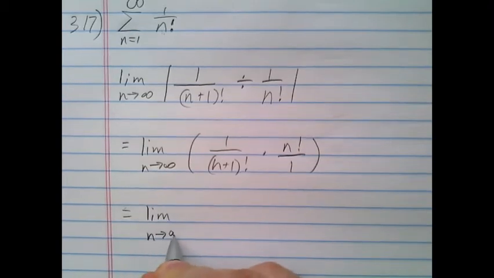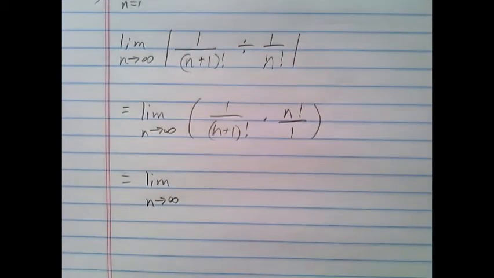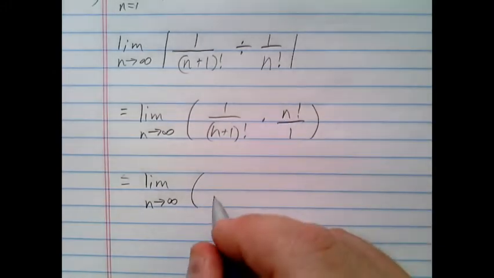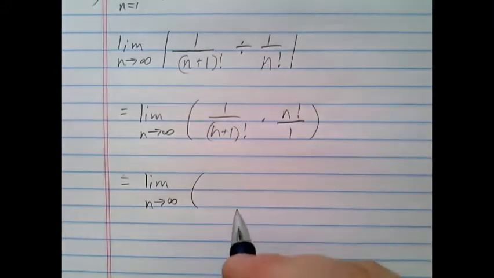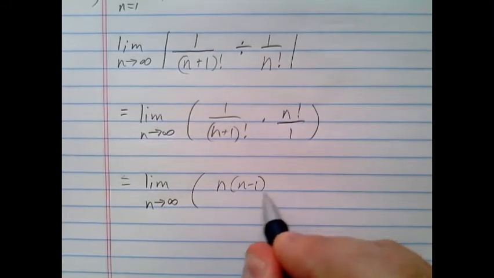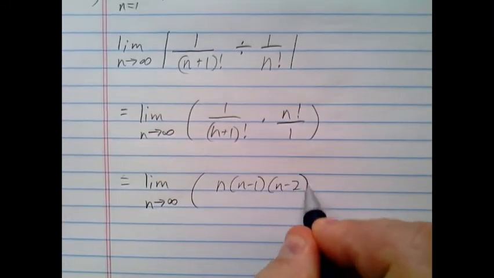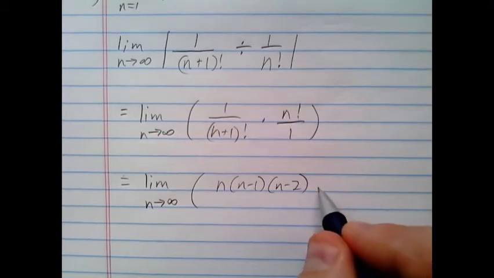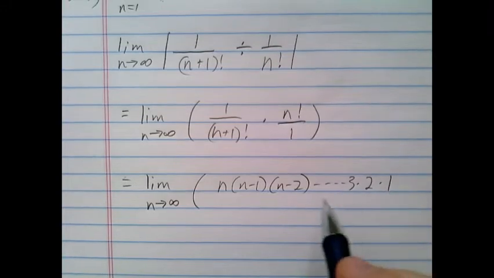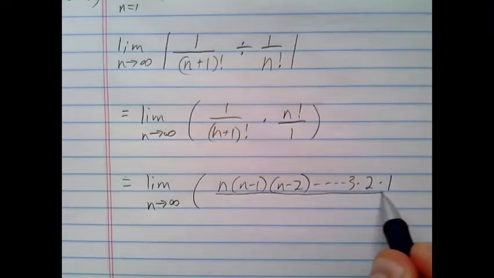So we'll take the limit as n goes to infinity of, alright, so n factorial is the only thing really in our numerator. N factorial is n times n minus 1 times n minus 2, and we just keep decreasing by 1 all the way back to 3, 2, 1, however far we have to go.